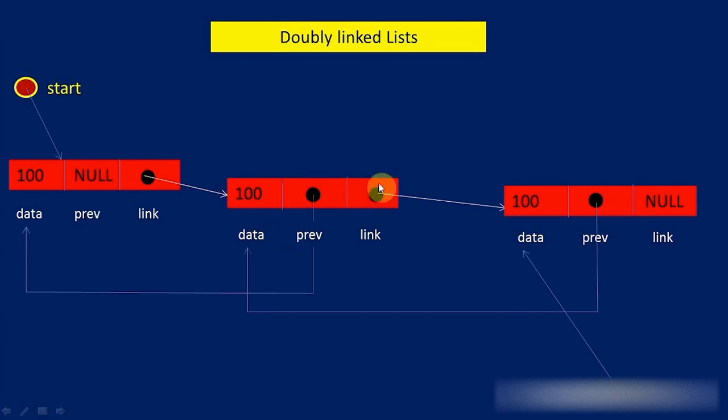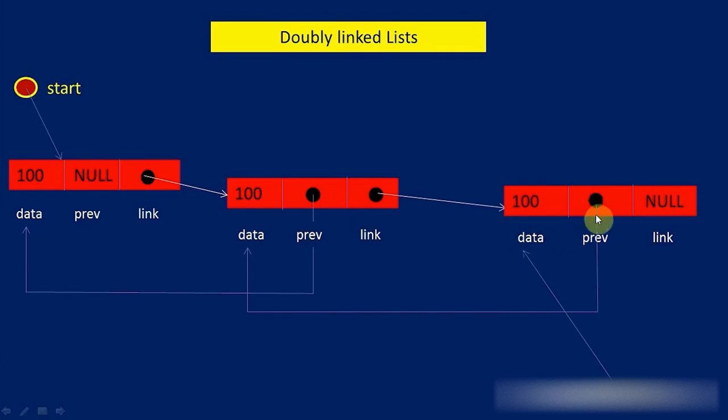Like in the case of the second node, as you can see, the prev pointer variable of the second node contains address of its previous node. Because it is the second node, its previous node happens to be the first node. Hence this prev is containing address of the first node. And in case of link, it is containing address of the very next node, which is the third node.